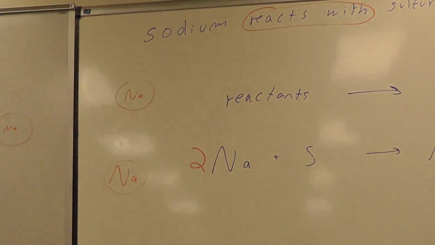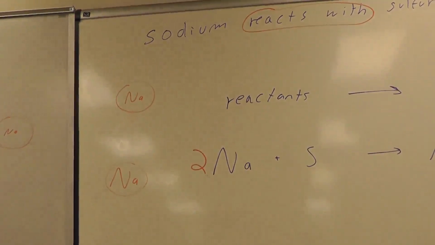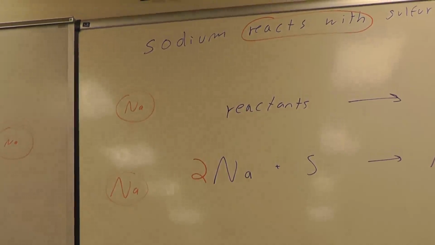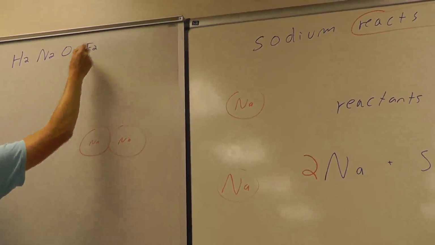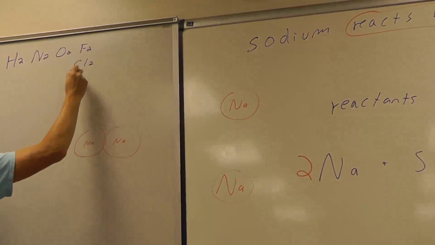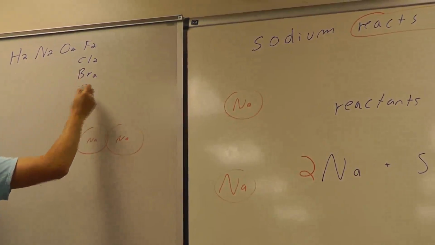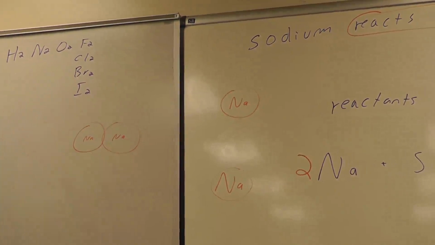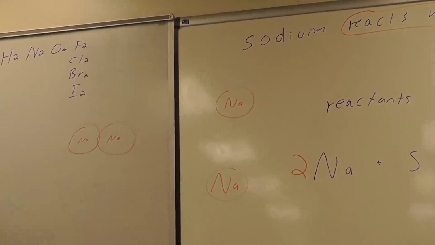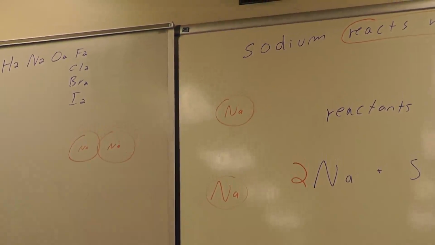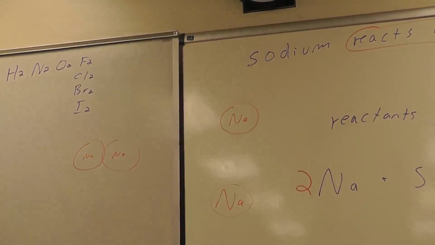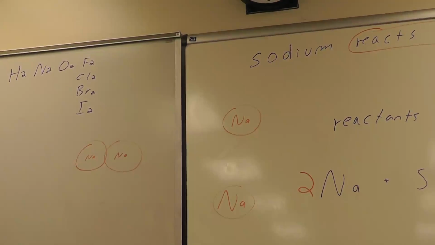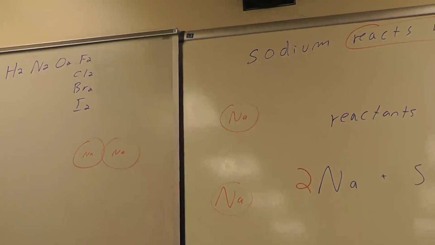There are some elements that are diatomic. This is them. These 7 elements are so very reactive that even if there's nothing else around to react with, they react with each other.